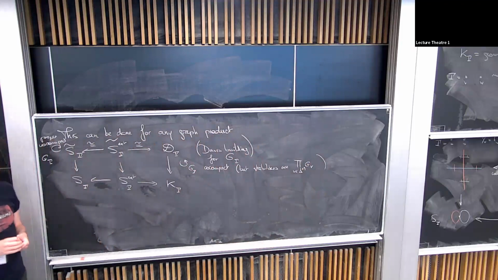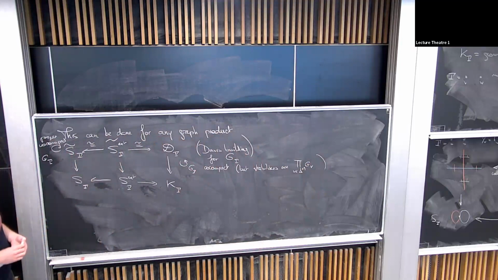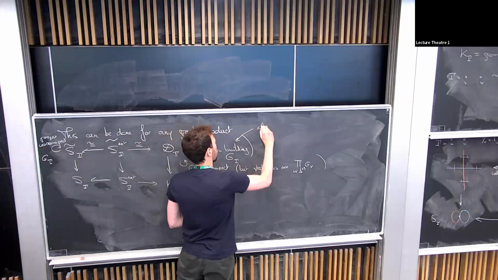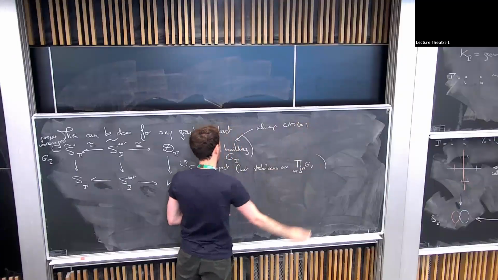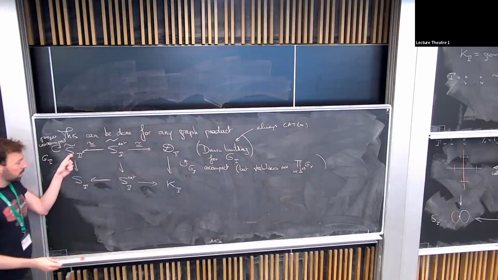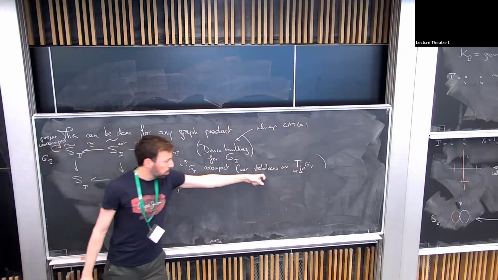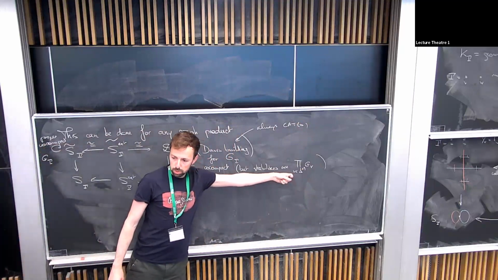This thing you're calling the Davis building is just, you take the polyhedral product of these cones and then the universal cover. Yeah. So this is always going to be CAT(0) and always a building, whereas the other is not always. And the stabilizers are reasonably well understood in terms of the local groups you started from.